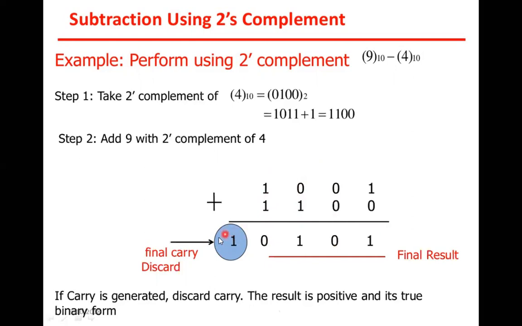So here we got a carry. So in the case of 2's complement, what we need to do? If we get a carry, then we need to discard the carry. So what will be the final answer? It will be 0 1 0 1. See here it is written, if carry is generated, discard the carry, the result is positive and in its true binary form.